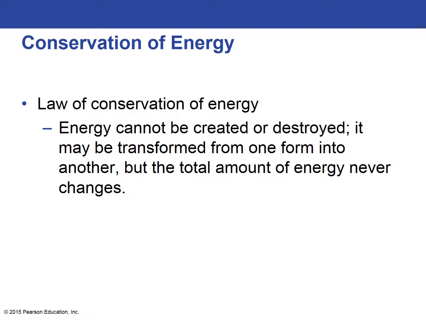And that must be equal to the energy before the collision occurs. And that states a conservation of energy principle, that the sum of all the energies of the system of particles or objects must be the same before and after a collision.